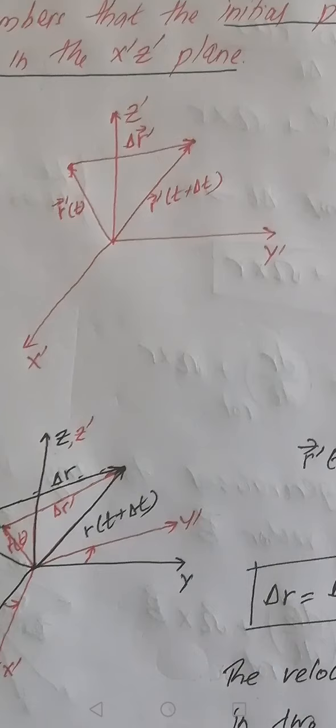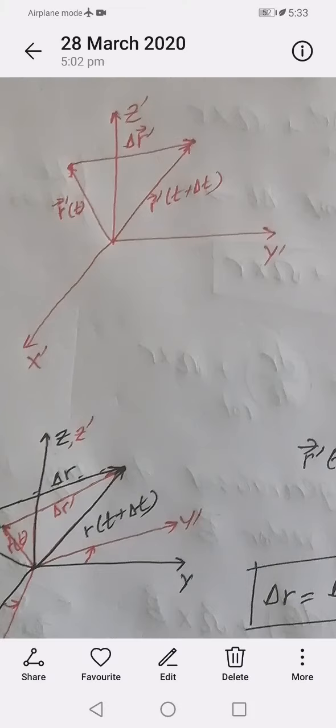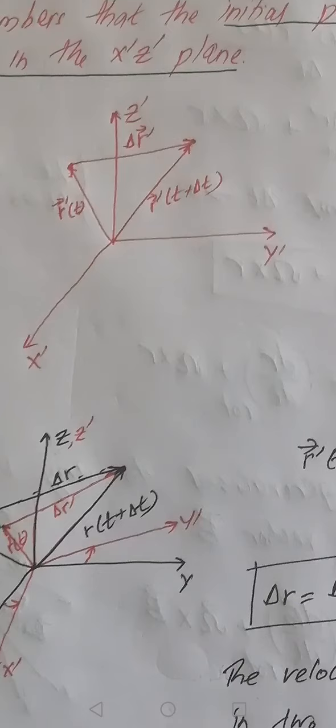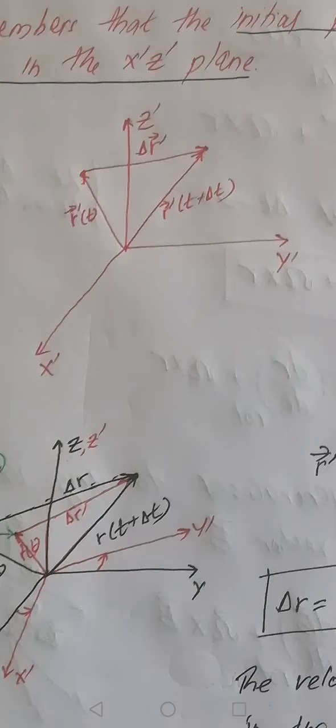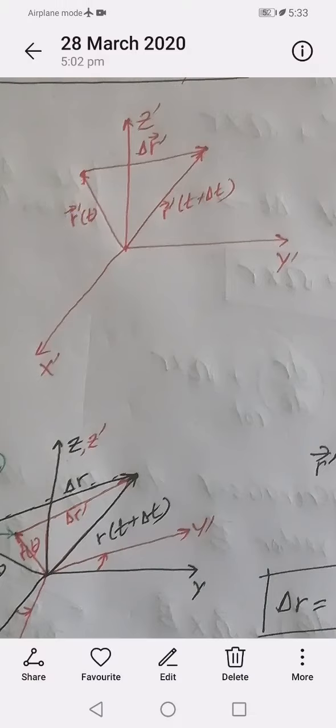He will see the same endpoint as in the inertial frame, but because he sees the endpoint, he thinks about the initial point. He remembers that the initial point he measured was in the x prime z prime plane, not in the xz plane. So in the x prime z prime plane, he will remember it as r prime of t. So this is r prime of t.